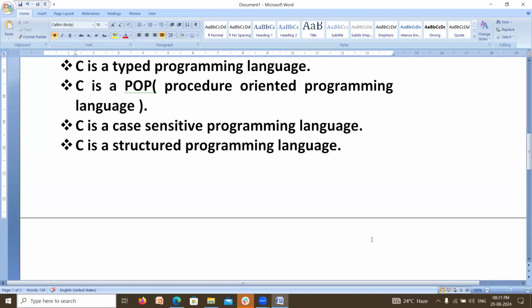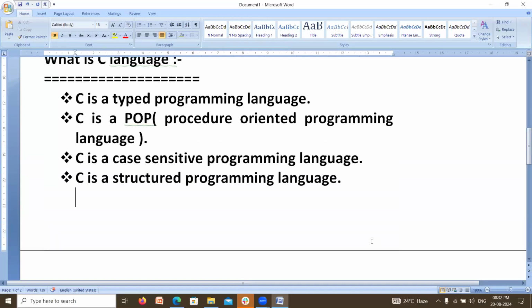Suppose there is a watermelon. How can you eat the watermelon? First, we need to cut it into pieces. In the same manner, a big program will be cut down into pieces. Those pieces are called functions or methods or modules. So it is called structured programming language. Structured means cutting down into pieces.